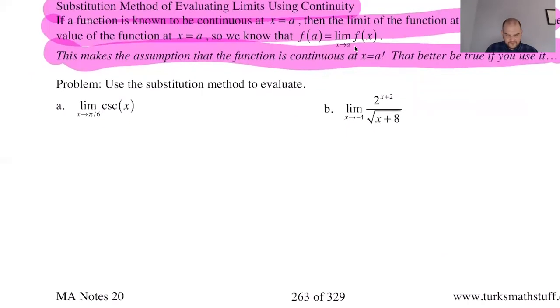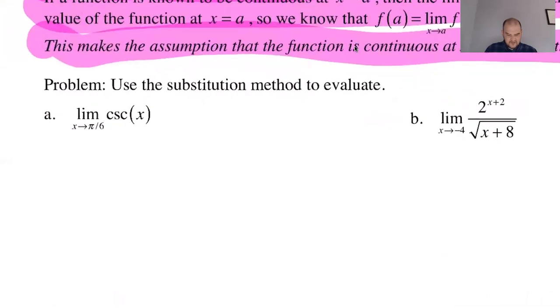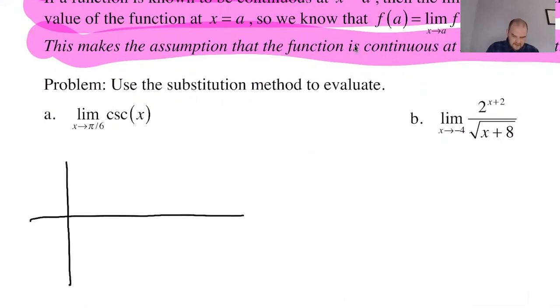So here, if I have to find the limit as x approaches pi over 6 of cosecant of x, really quick review of cosecant. I'm going to graph sine, but I'm going to graph it dotted and maybe in a different color. So sine. There you go.